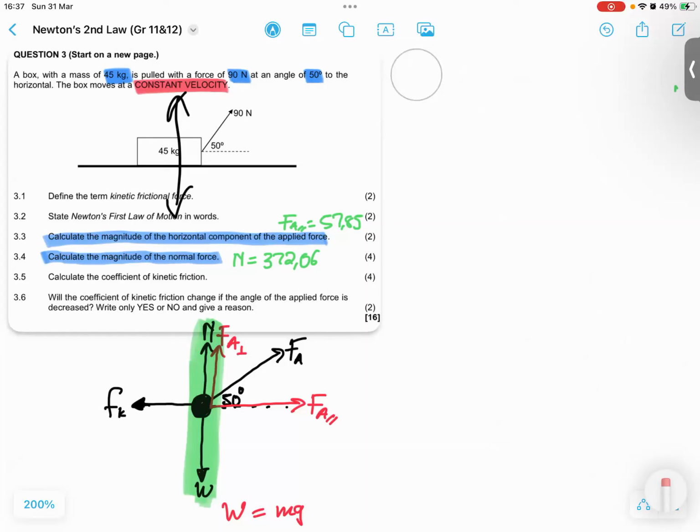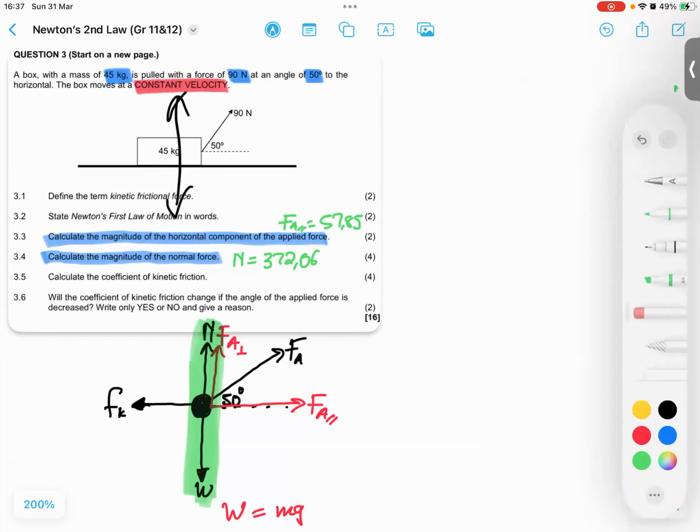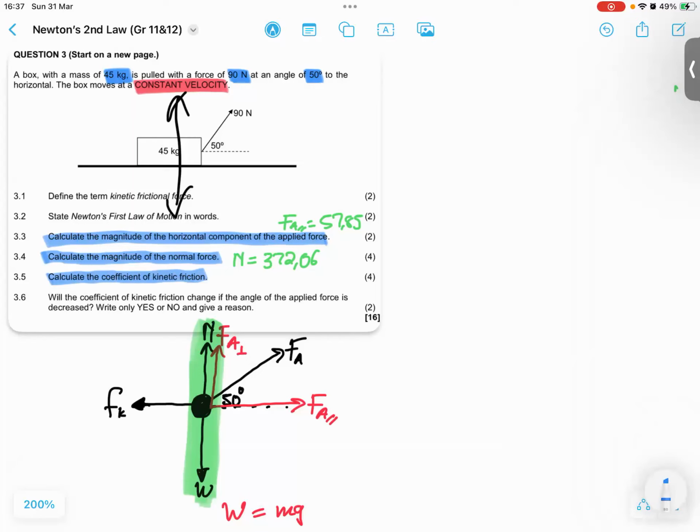Okay, so now let's look at 3.5. So 3.5, the question is calculate the coefficient of kinetic friction.